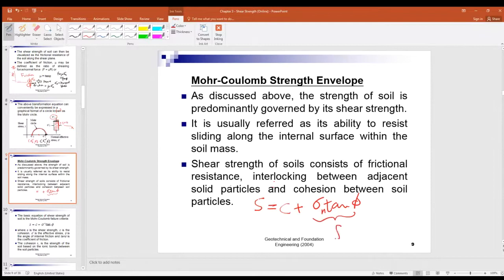Now we are talking about this being the friction, right? Because soil particles are always angular in shape, the angular particles will have the friction. Now that's the other part, C.